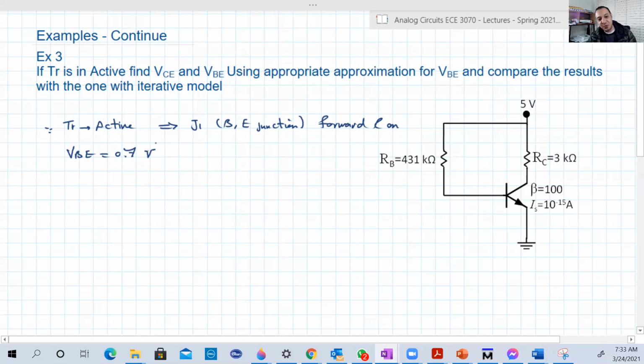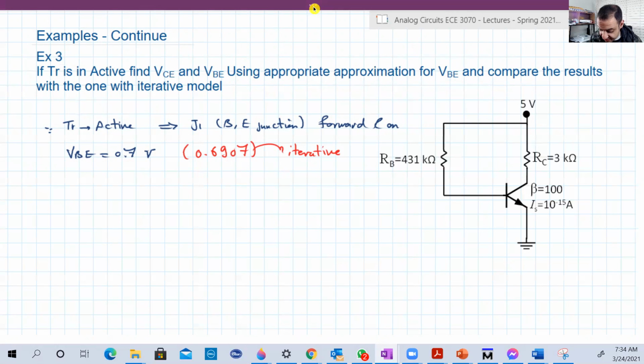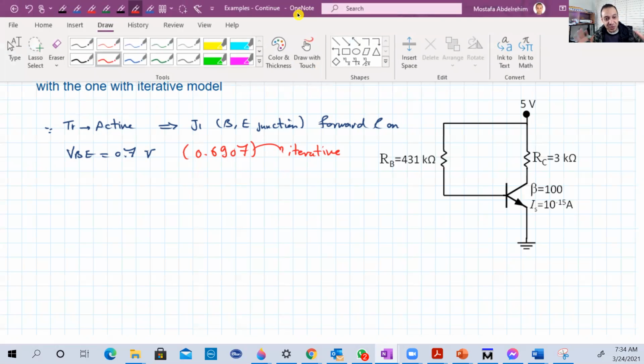Let's compare it to the value of VB from the iterative solution, which was 0.6907. This one is from the iterative solution, and this is by approximation. They are very close, but that's not the case all the time. You might have an error between 10% and 15%, 20% maximum, which is acceptable. So for VBE, in just one click, since you use this approximation, it's solved. Now let's continue.